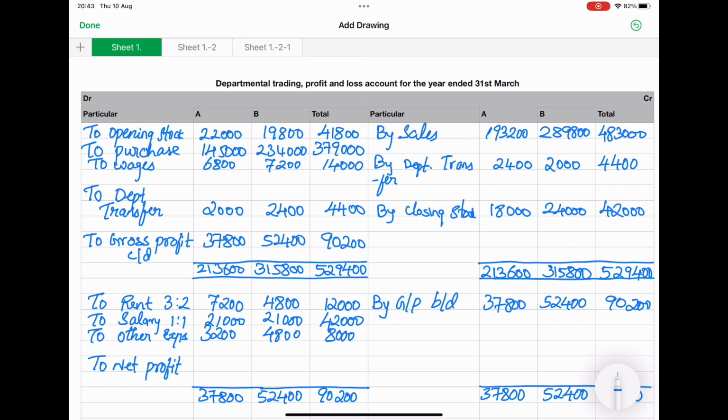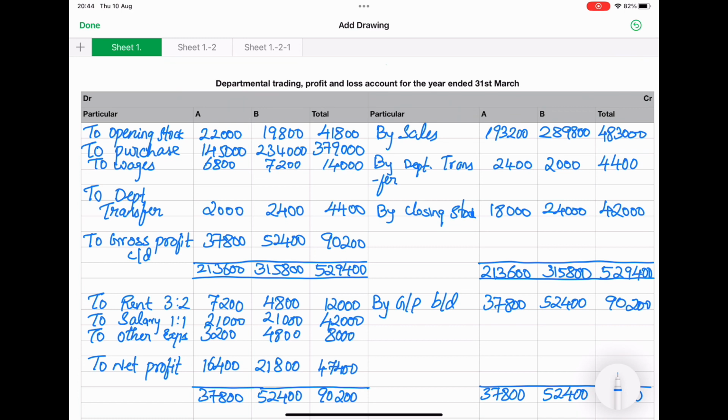Net profit of department A, 6,400, 21,800. Total will be 47,000. Wait. I think this is 16,400, guys. Yes. Use calculator.